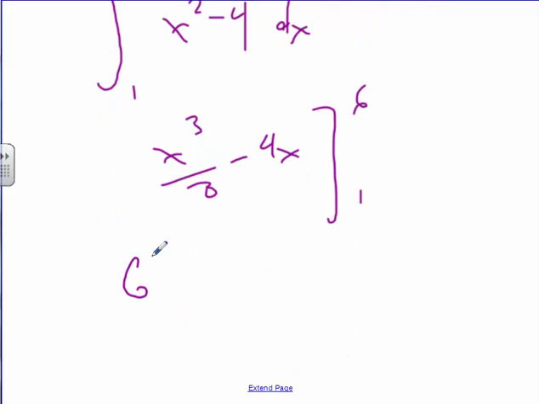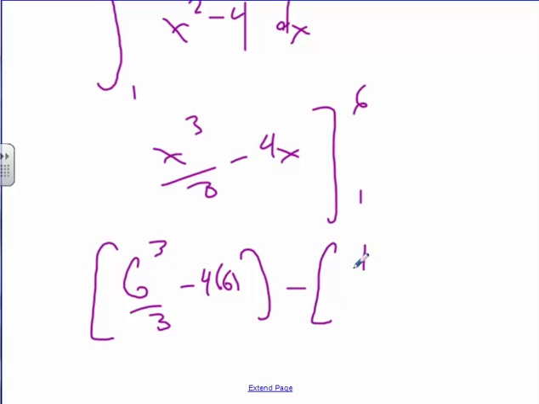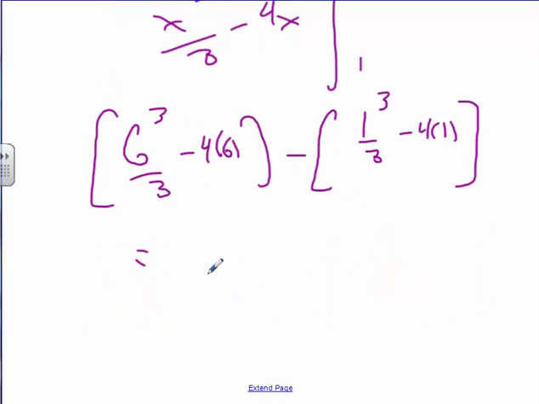So we want 6 cubed over 3 minus 4 times 6, and then subtract 1 cubed over 3 minus 4 times 1. Let's see, what does that give us? So 6 cubed over 3 gives me 72.